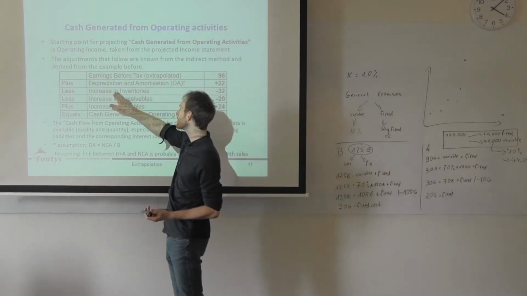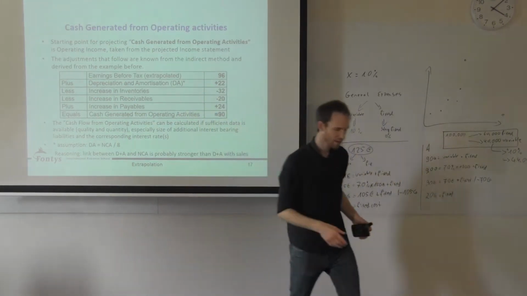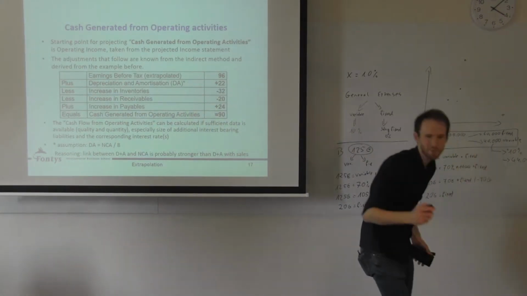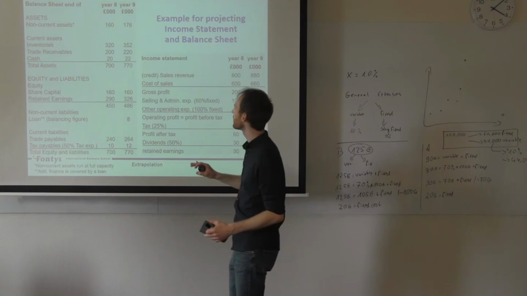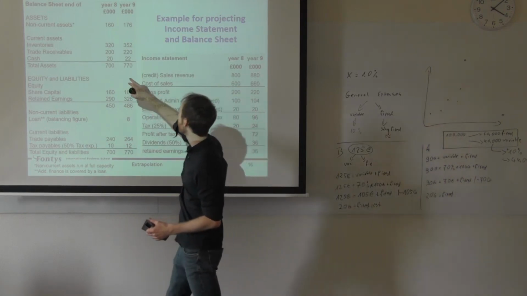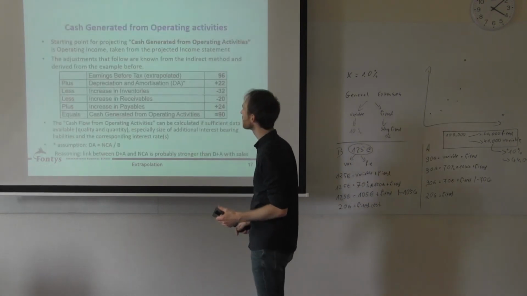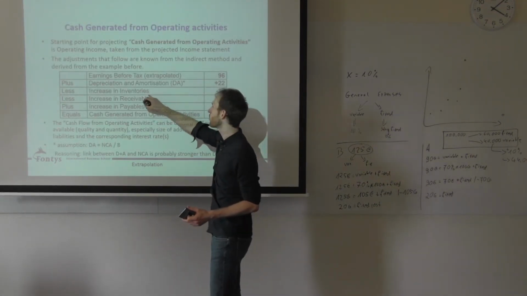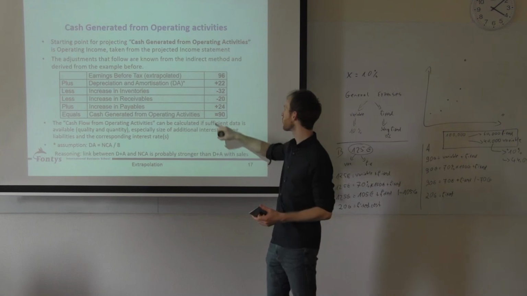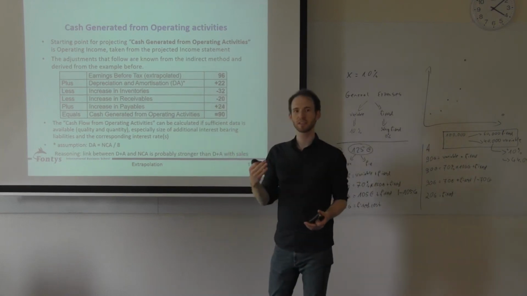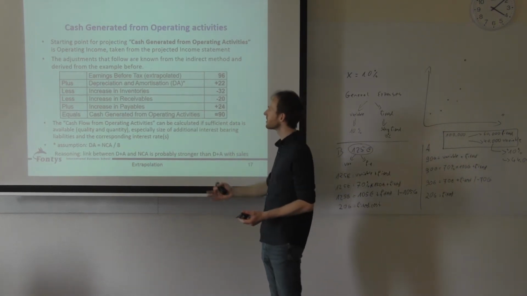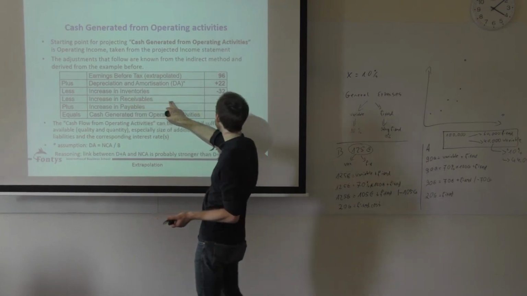So we have an increase in inventories. So if you go back, and I just dropped my pointer, if we go back to the overview, we can see inventories increased by 32. And if we have an increase in inventories, it means we spent money on the inventories. So we have to subtract it because this means less cash. Increase in receivables means the same.